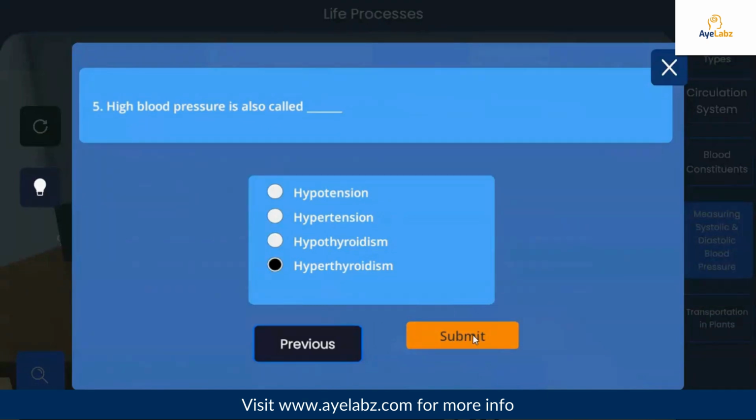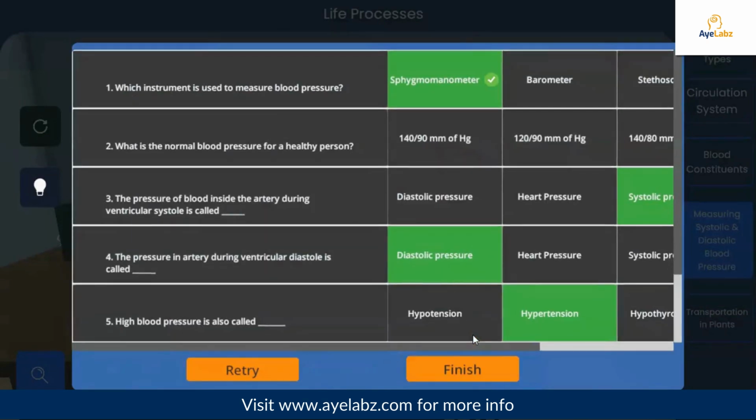Click on Submit to see your answers. Scholar Virtual Lab offers immediate feedback on students' actions, helping them understand their mistakes and learn more effectively. So, do not shy away from taking the quiz one more time by clicking on the retry button. Otherwise, click on finish.